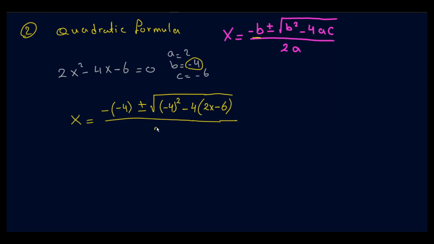Over 2 times a. a is 2, so 2 times 2. The coefficient for x squared is 2, so a is 2 over there.